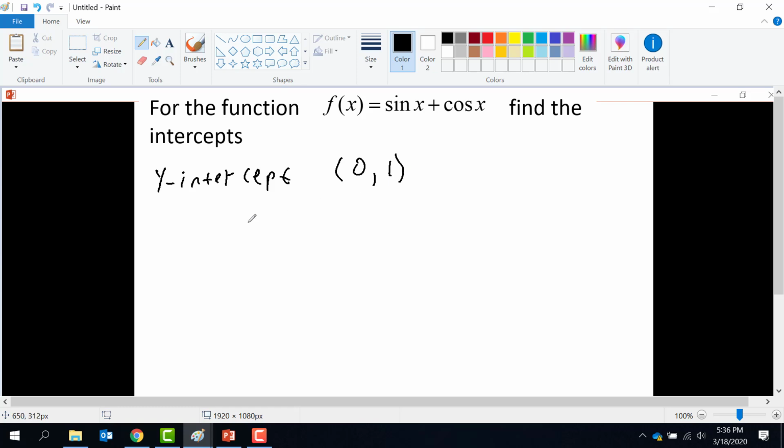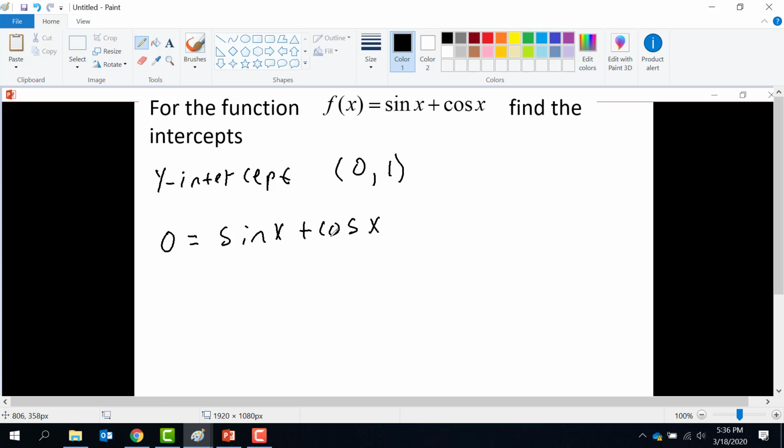For my x-intercept, we let y be 0. When you see an equation with two trig functions like this, it's kind of like having an equation with two variables. If we could do something so that we only had one trig function, then life would be a little easier.